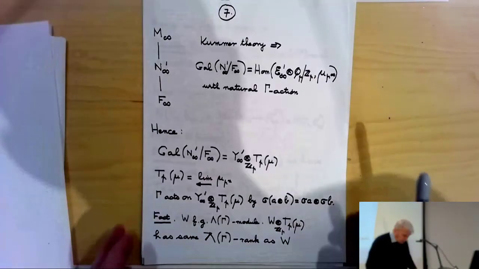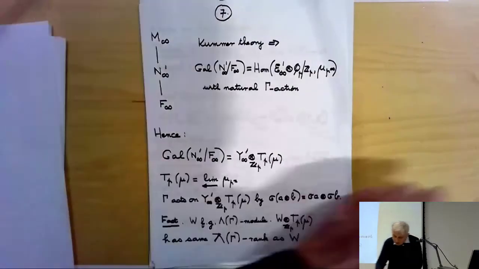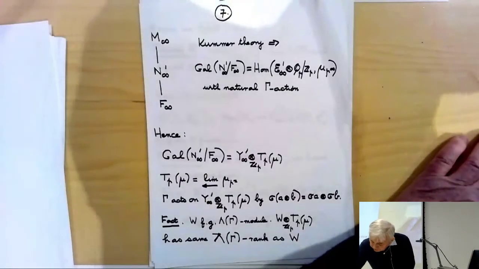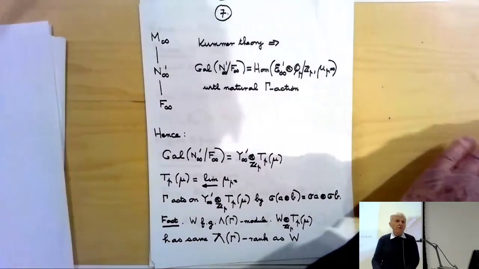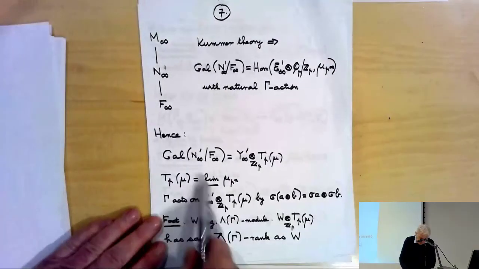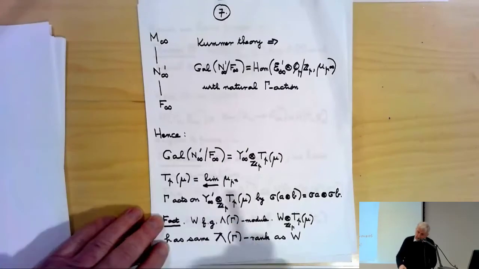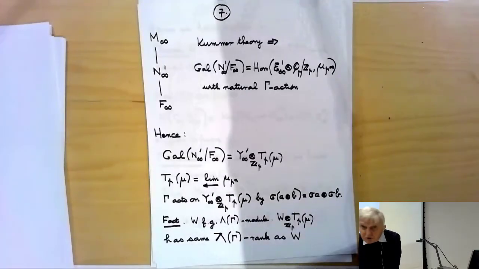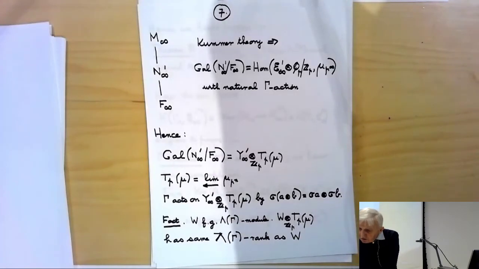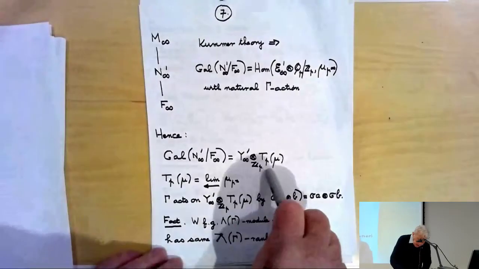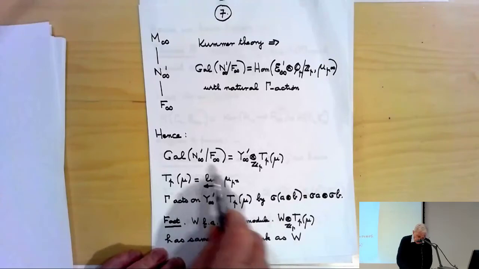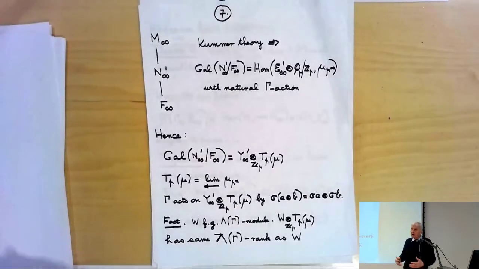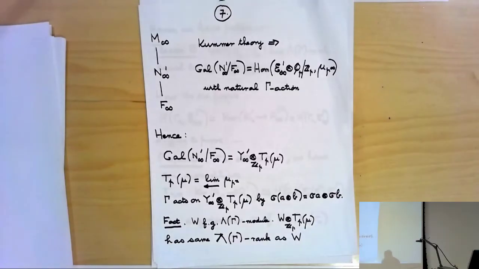If you think of it in terms of our previous module, Y infinity prime, which is the homomorphisms of that into Q_p mod Z_p with trivial action, then to get the correct action on the p power roots of unity, you have to tensor this with the Tate module T_p of mu, the projective limit of the mu_p^n. This has Z_p rank 1, but Gamma is acting on it by the cyclotomic character. So it's a Tate twist.